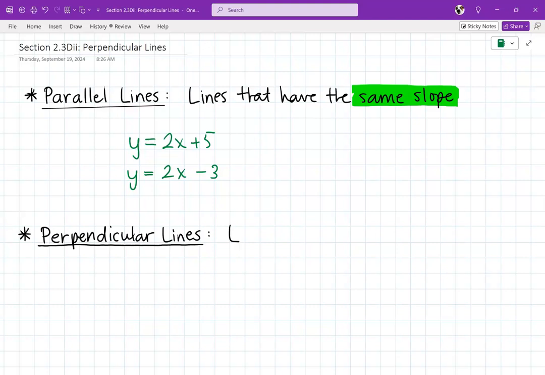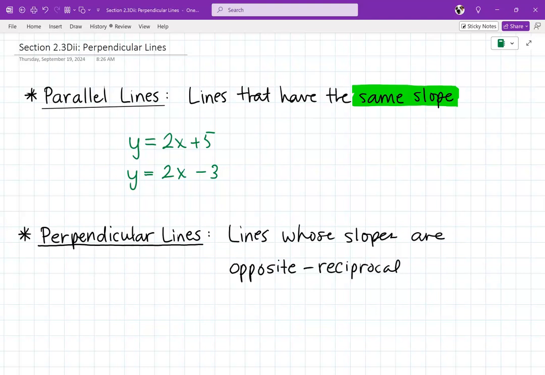These are lines whose slopes are opposite reciprocals of each other.